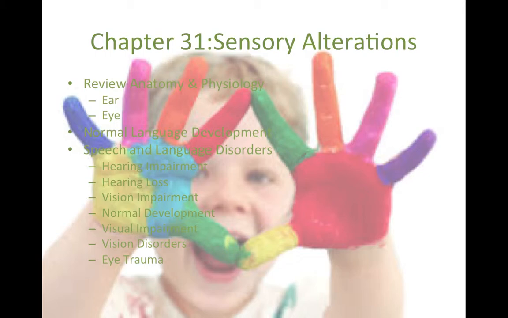You want to look at treatment regimens, and you want to notice that the cochlear implant is talked about very briefly, and it is not so new anymore, but when the book was published, it came out as a new treatment regimen for those that have hearing loss. So you do, of course, want to look at the family teaching regarding those issues as well.